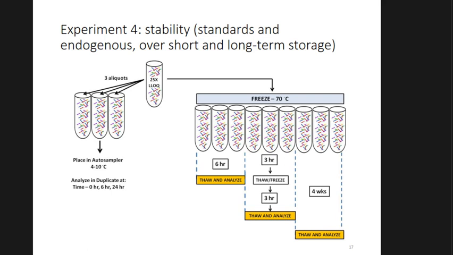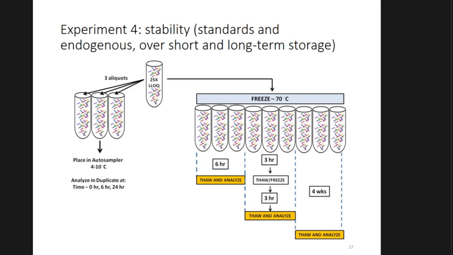And what you do here is you're just going to make multiple aliquots of 1 sample, make 1 big batch of sample, aliquot it out, and then 1 set of replicates will be placed in the autosampler and run at time 0, wait 6 hours, run it at 6 hours in the autosampler, then run it at 24 hours in the autosampler. So that's assessing if I load up my autosampler and press start on my queue and walk away for a day, are the peptides still going to be there when I get there in the morning?